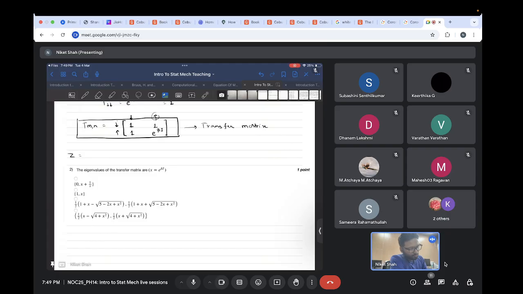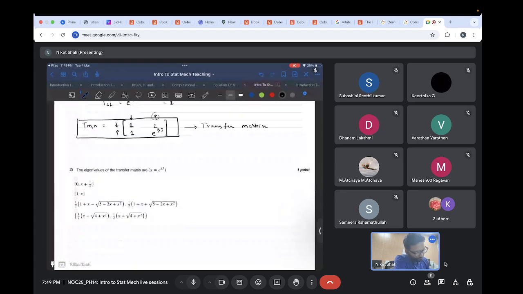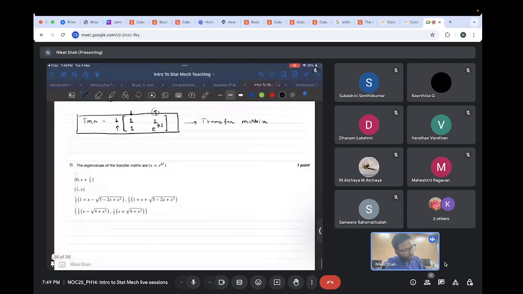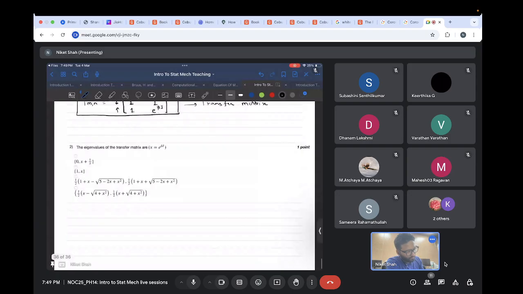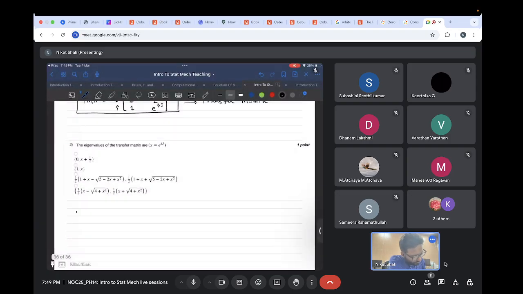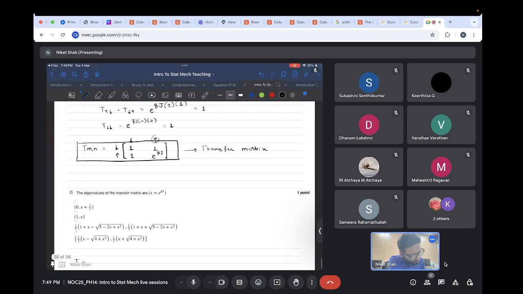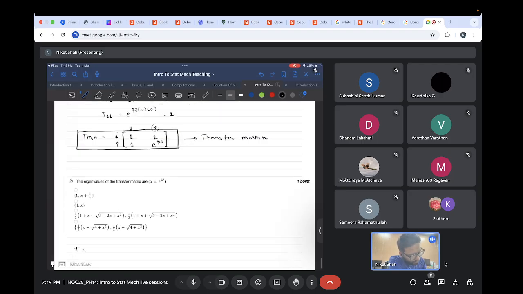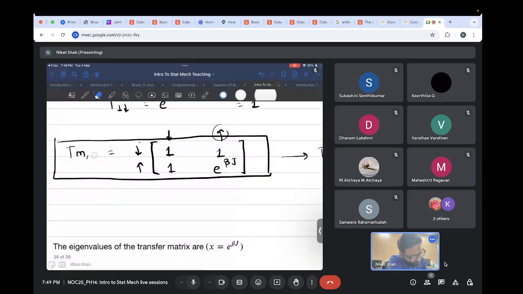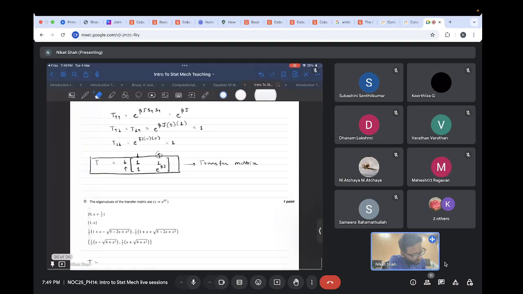Okay, so the next question is, what are the eigenvalues of the transfer matrix? Even eigenvalues can be found out very simply. Since we've already written down the transfer matrix, let's find the eigenvalues first. So T is the transfer matrix. Actually, here there won't be mn, I should remove mn. This is the transfer matrix.